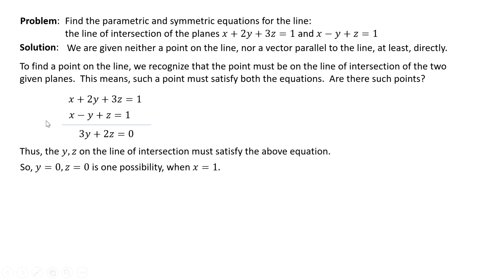Well, armed with that piece of information, let's go to the first equation or the second equation, it doesn't matter. Maybe this one would be much simpler: x minus y plus z. Plug 0 for y and 0 for z, and you get x equals 1.